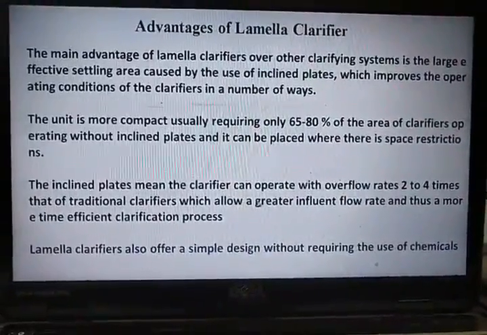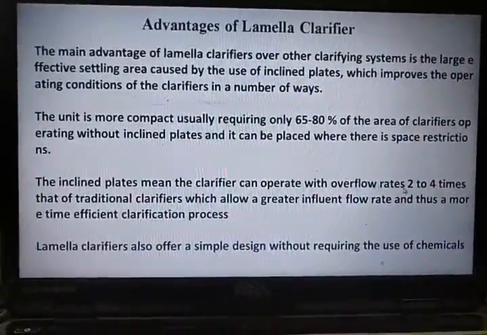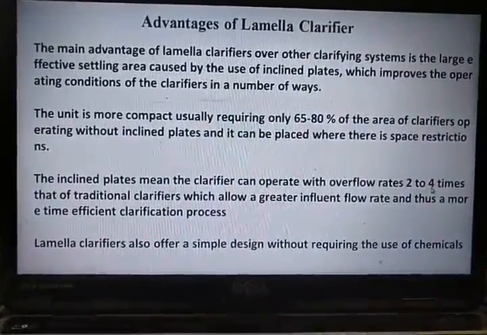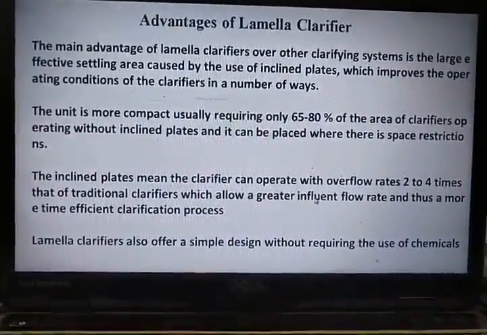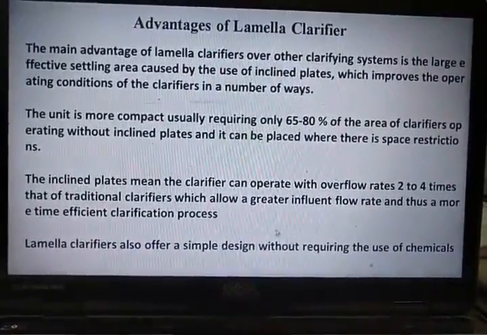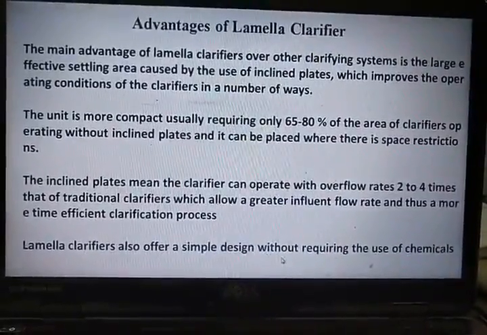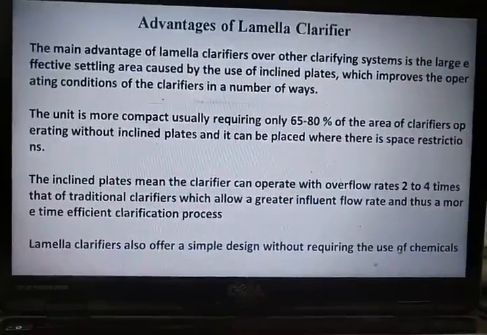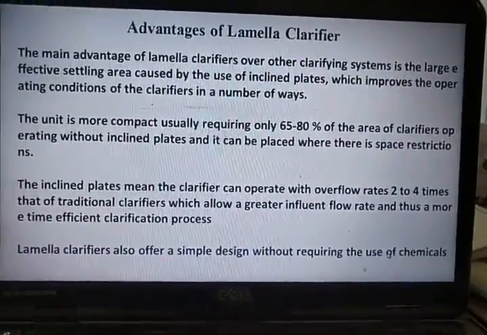It can also operate with higher overflow rates, that is 2 to 4 times more than the traditional clarifier, and it also improves the effluent quality. It requires a simple design without requiring much use of chemicals.